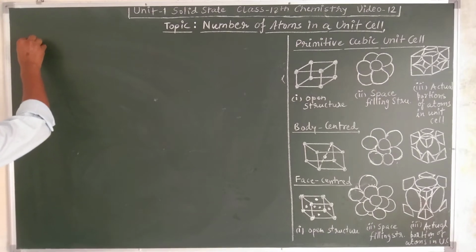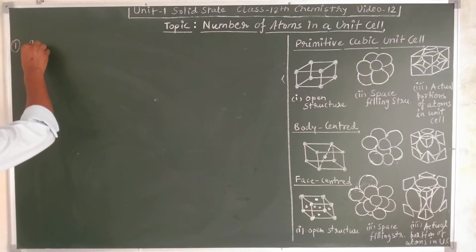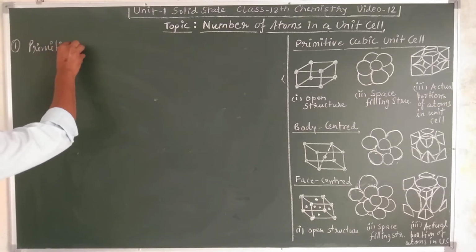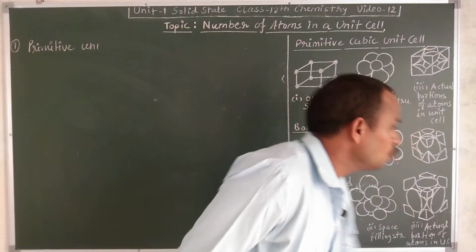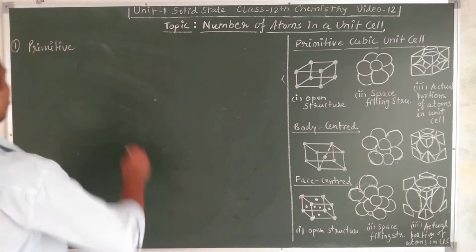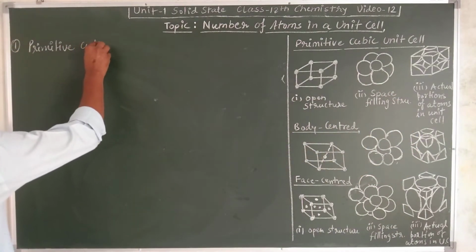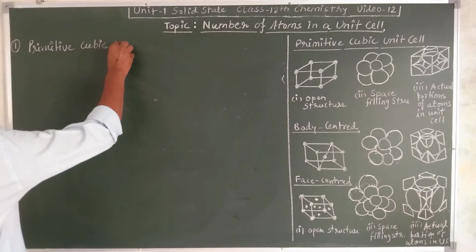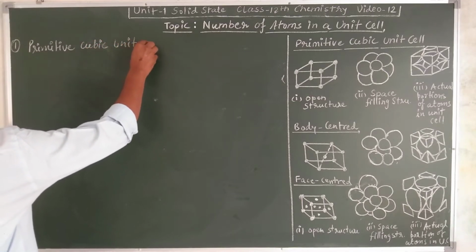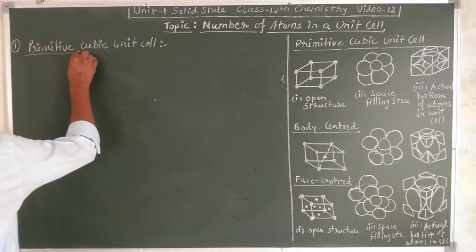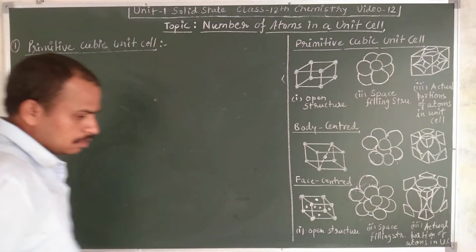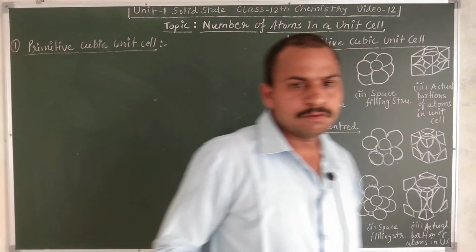The unit cell is primitive first, the primitive cubic unit cell. So what is a primitive unit cell?